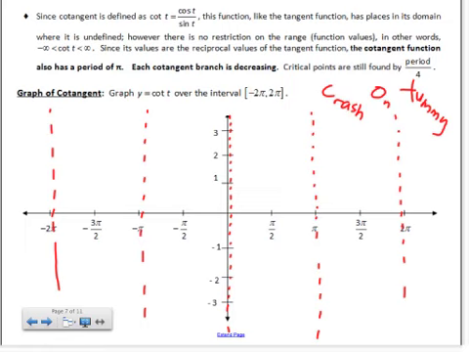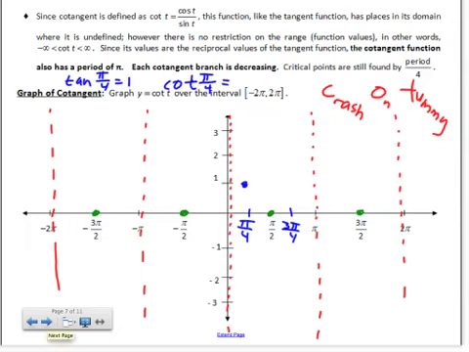Our zeros are where the vertical asymptotes were in the previous graph. Our amplitude points are at pi over 4, which is at 1, and 3 pi over 4. Why is that one at 1? Well, the tangent of pi over 4 is 1, and cotangent is the reciprocal, correct?